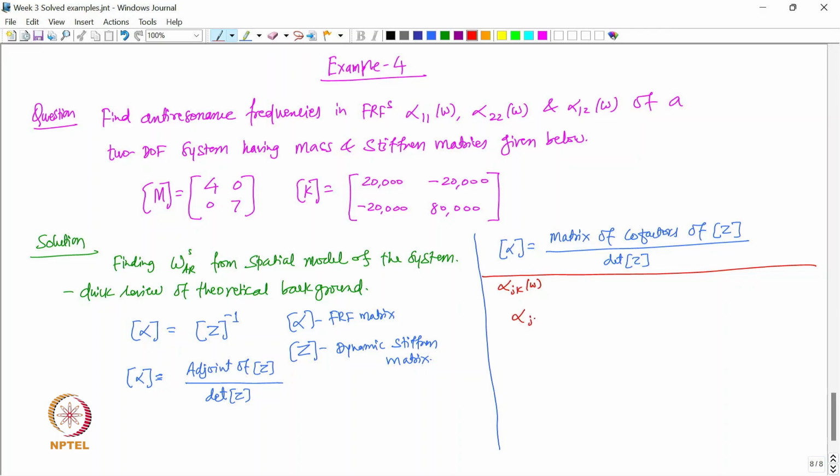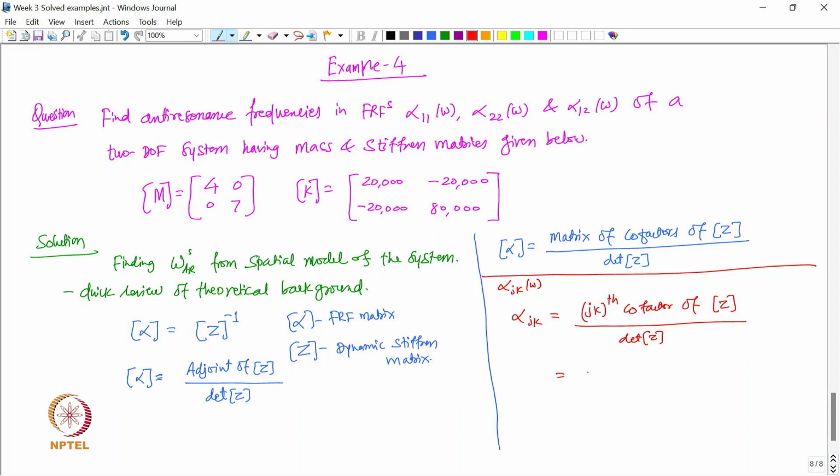So, alpha JK will be equal to the JKth cofactor of matrix Z divided by determinant of Z. And what is the JKth cofactor?